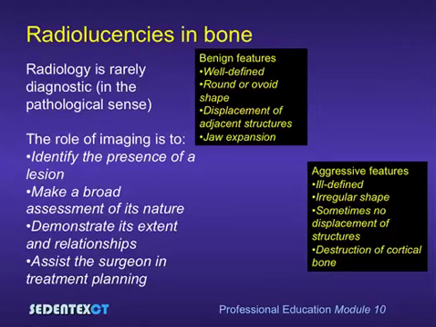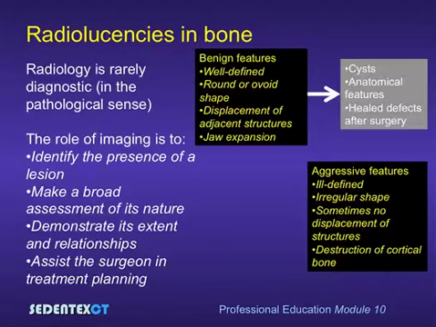In contrast, aggressive features on radiographs or CT scans that should alert you to the need for more specialist opinion or a more urgent treatment are ill-defined margins, an irregular shape, sometimes there is no displacement of structures, and destruction of cortical bone.